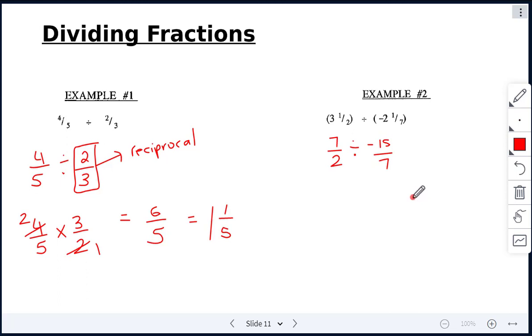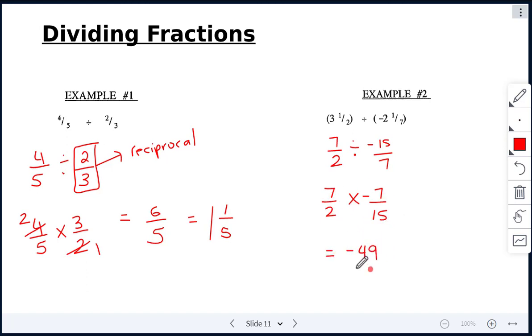Now we're going to go ahead and take the reciprocal of our divisor or our second fraction. So that becomes 7 over 2, and now multiplied by negative 7 over 15. And I don't think we can do any reducing here. No, we cannot. So just multiply our numerators. 7 times negative 7, that's negative 49.